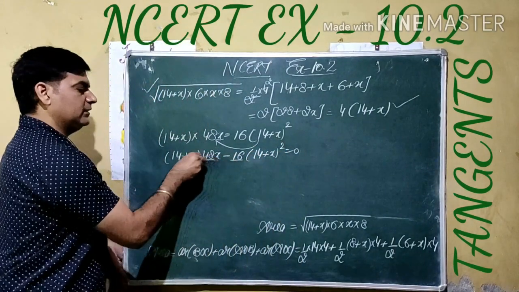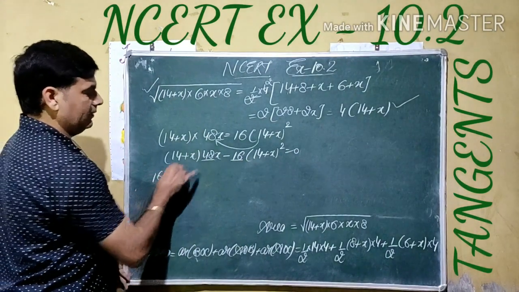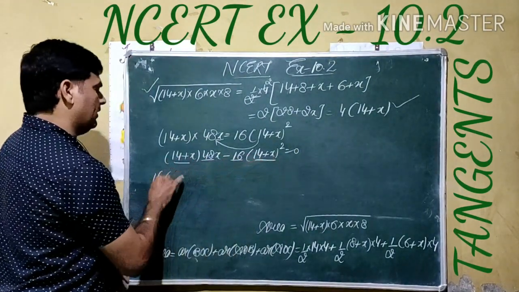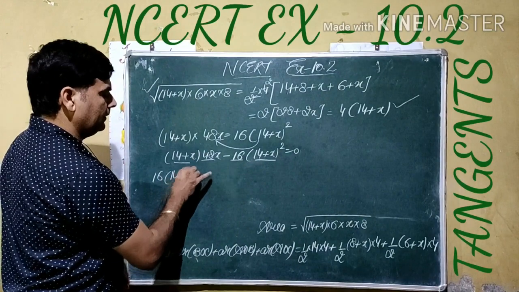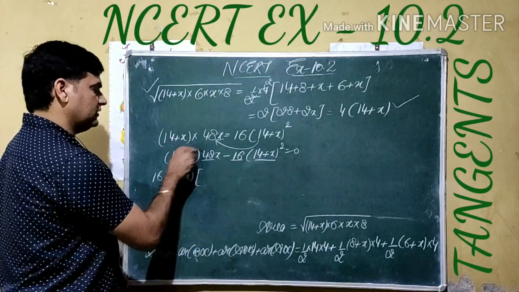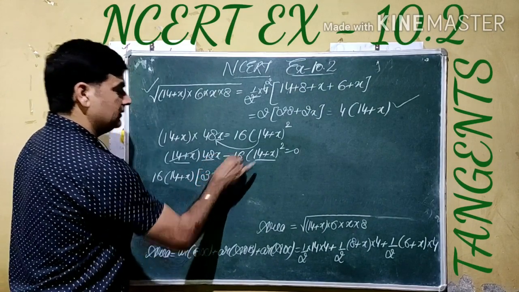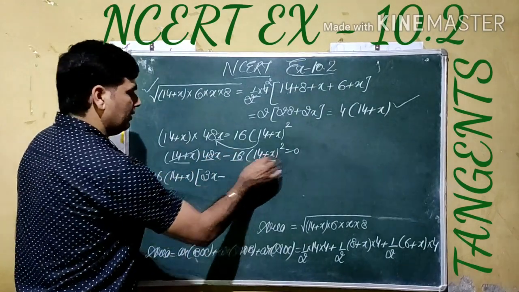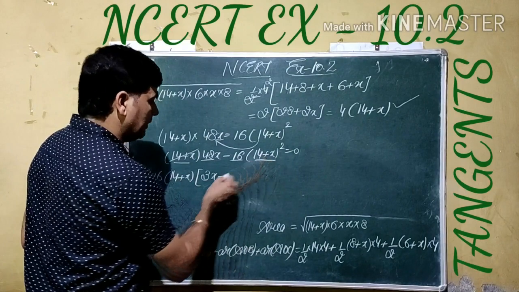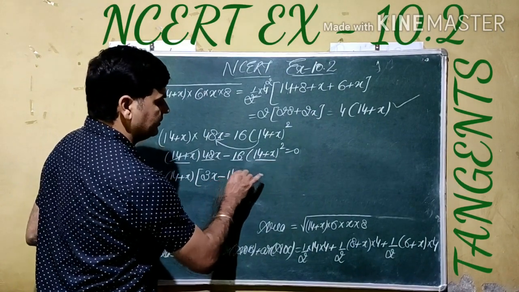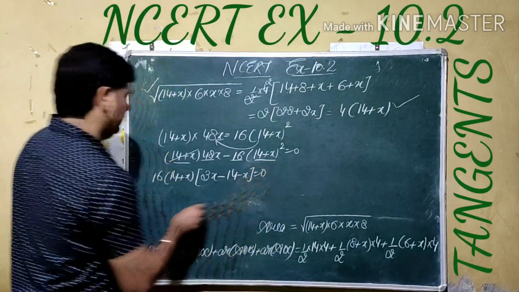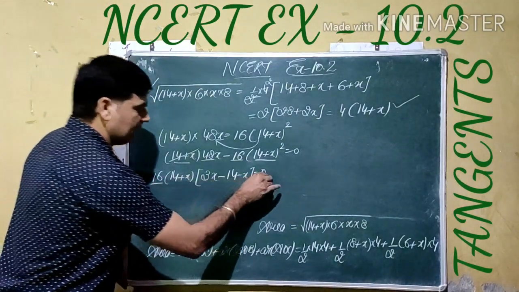If you see here, 16 is common, and this value is also common, with lowest power 1. So what is left here? On taking out 16, it becomes 3 with x. 16 goes outside, 1 power of this goes outside, so 1 power is left, but with a negative sign, sign change, equal to 0. We see 16 is a number, it cannot be 0.